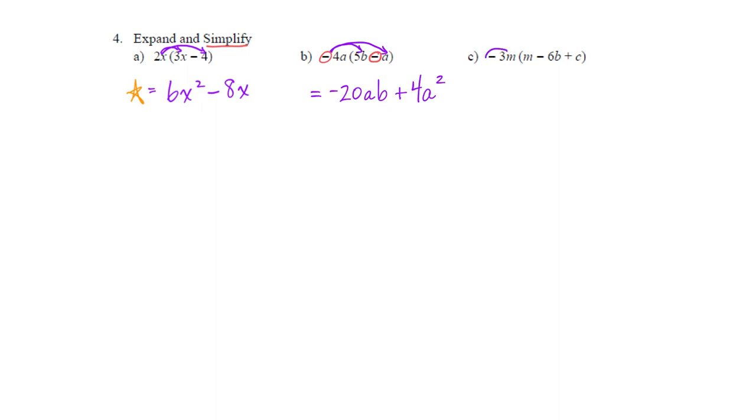Okay, negative 3m times m. Well, there's a negative 3 times 1, which is a negative 3, and an m times m is my m squared. Now, I have my negative 3m times negative 6b.